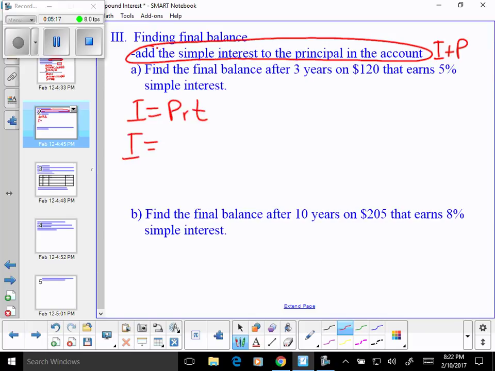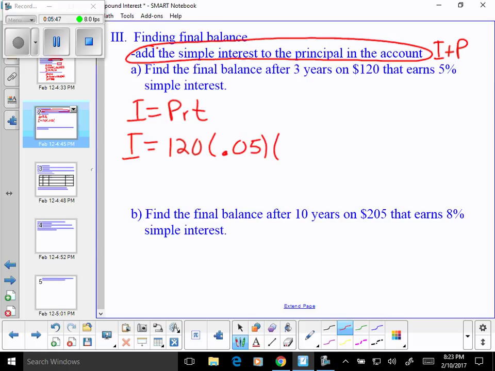Now we use our formula to help us analyze the problem. We know we need to find the interest, so I has to be the variable. The P here is the amount of money that's put into the account or taken out as a loan, but let's say it's an account, and that's the 120. Remember that R stands for the percent, but again, we have to use it as a decimal or fraction.